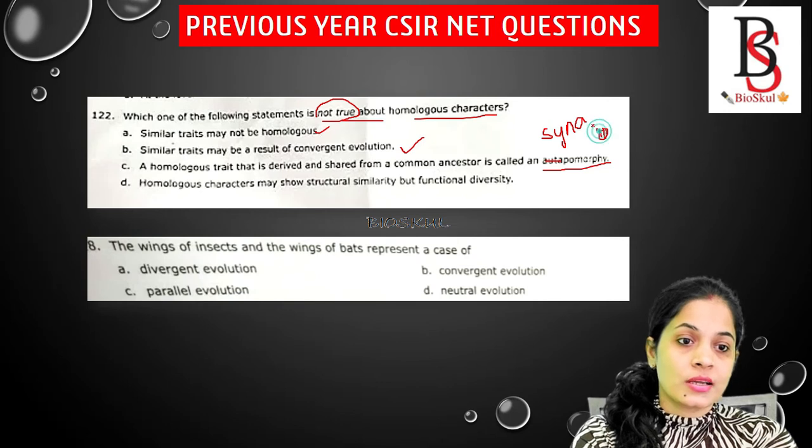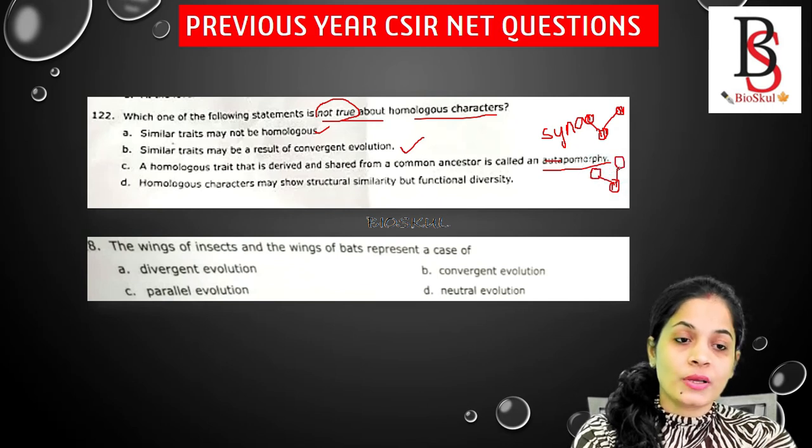Okay, let's understand that. This one is the ancestral trait and these are the derived traits. In synapomorphy, the trait is shared with the ancestors, but in autapomorphy, this is the ancestor, but the character is not shared.